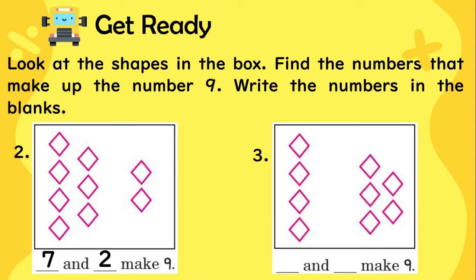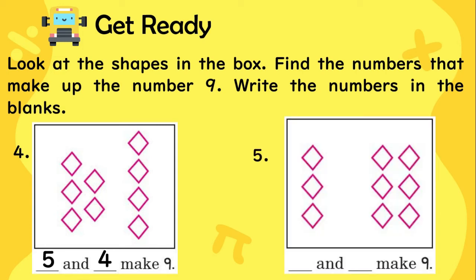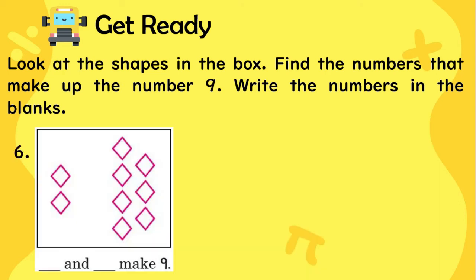Number 3, first 4 and the other one is 5. So 4 and 5 makes 9. Number 4, we have 5 and the other one is 4. So 5 and 4 makes 9. And for number 5, we have 3 and the other one is 6. So 3 and 6 makes 9. And for number 6, 2 and the other one is 7. So 2 and 7 makes 9.